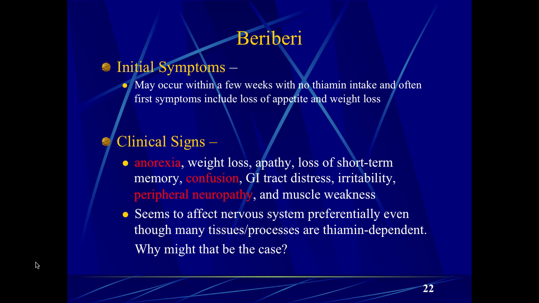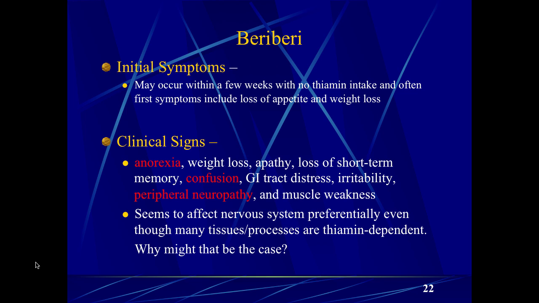And some countries, for example, that relied heavily on rice for a big part of their diet, as soon as the processing of rice became popular, thiamine deficiency reached epidemic proportions because they were removing part of the rice kernel that had the thiamine, and they were not enriching the rice, and so tons of people in those populations became thiamine deficient.